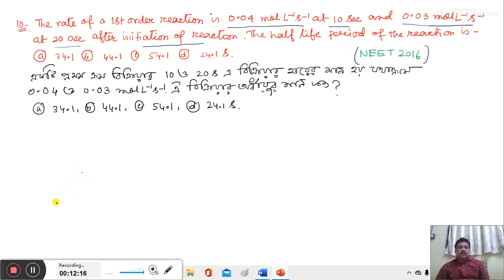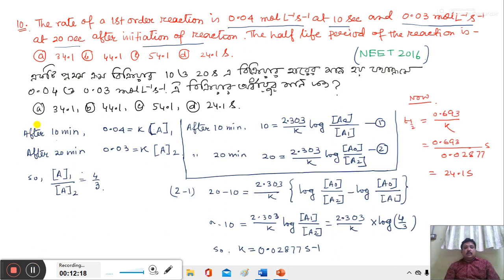Now for a first order reaction we can write, after 10 minutes the reaction rate 0.04 is equal to K into the molar concentration of A1 to the power 1, first order reaction. And after 20 minutes the reaction rate 0.03 is equal to K into the molar concentration of A2. So by dividing these two equations we get A2 by A1 is equal to 4 by 3.